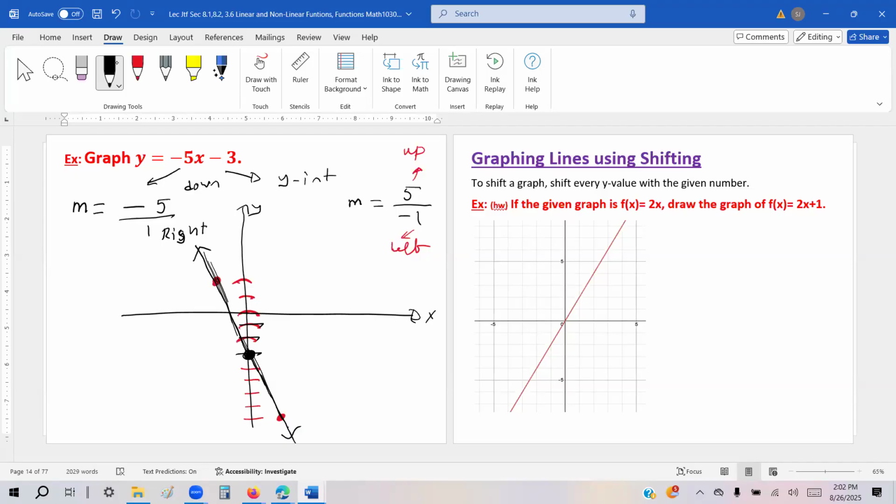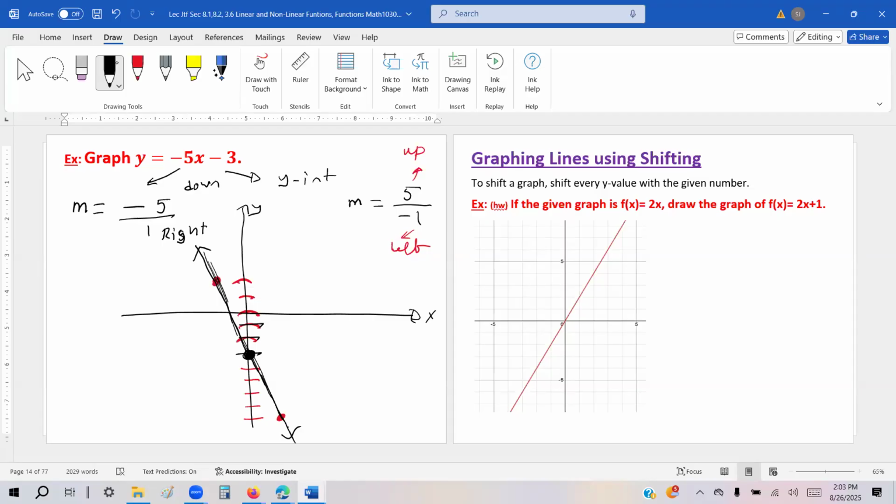One is y equals 2x, and another one is y equals 2x plus 1. Draw them on the same plane. So first, you draw one of them, the original one, without transformation, y equals 2x. On MATLAB, probably the line will be given to you. So you don't have to draw it. They'll draw that up for you.